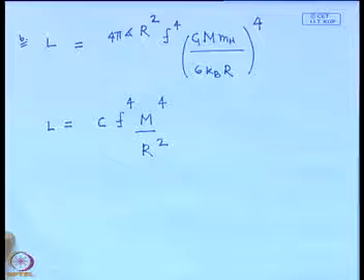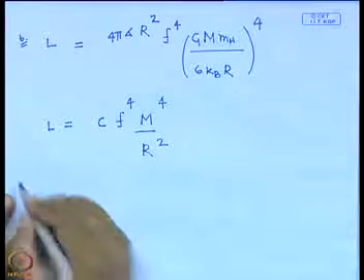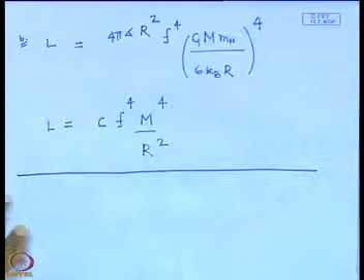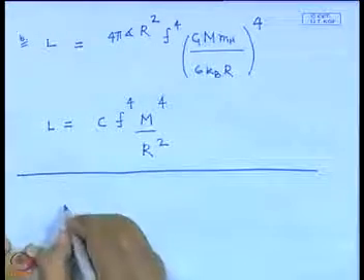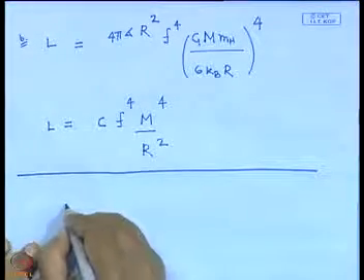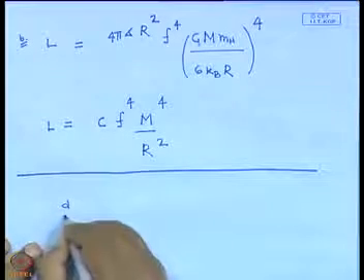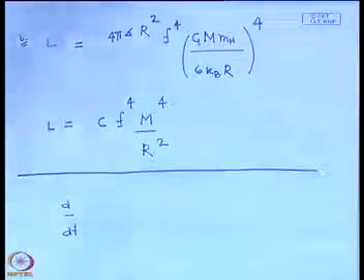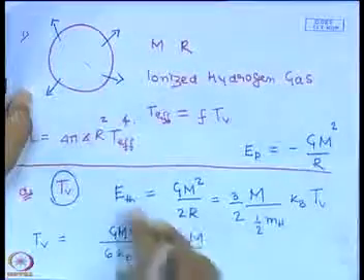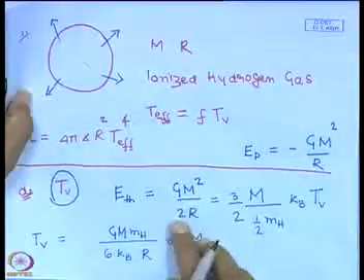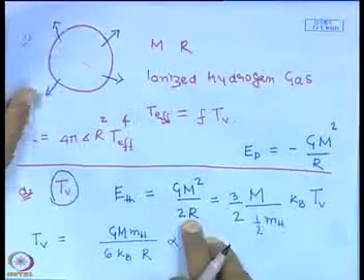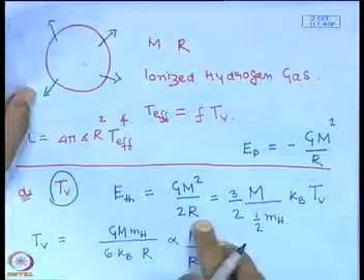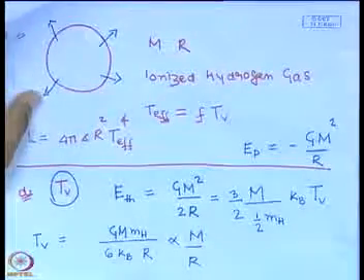Okay. So, let us do that, and what we get is d by dt, the rate at which the thermal energy is lost, and the thermal energy is g m square by 2 r. Now, when the energy is lost, it is only r which is going to change, the mass remains fixed.